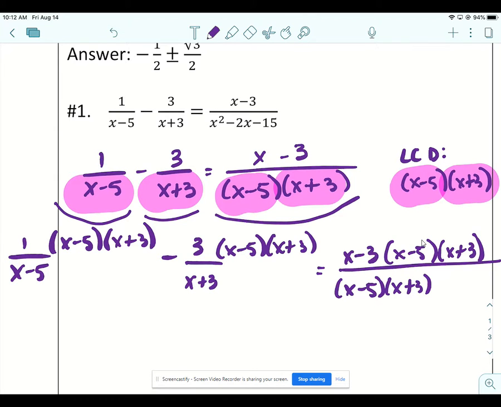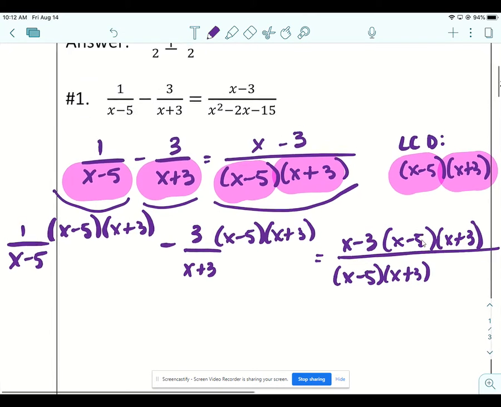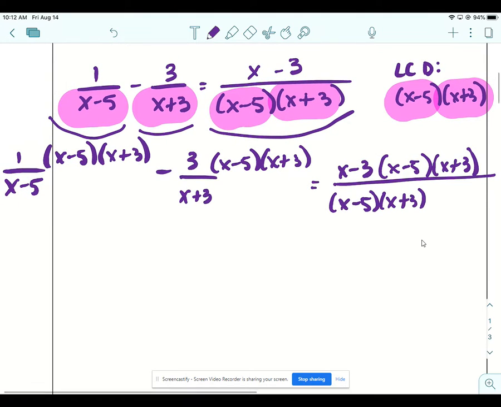Okay, so now we can start canceling. Because I have an x minus 5 in the numerator and the denominator, they would cancel. So I would need to multiply 1 by x plus 3. So that's going to give us x plus 3. Right, in this case, x plus 3 is going to cancel. Now we need to be careful.